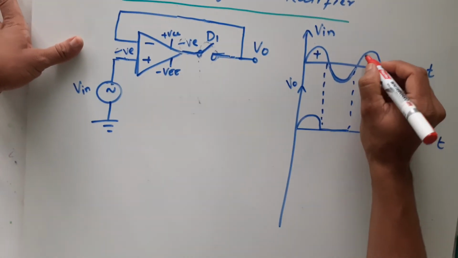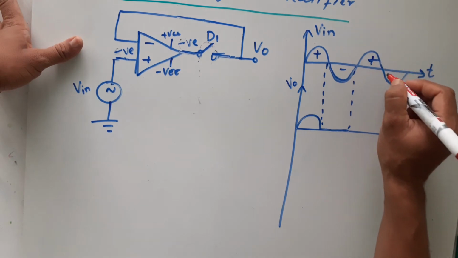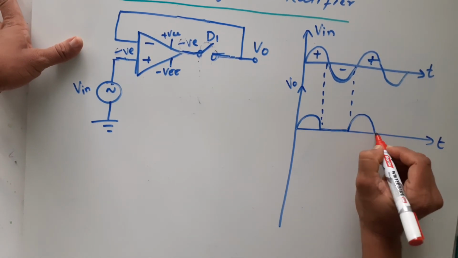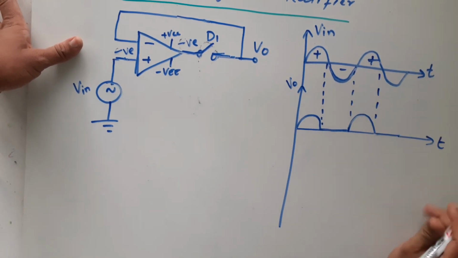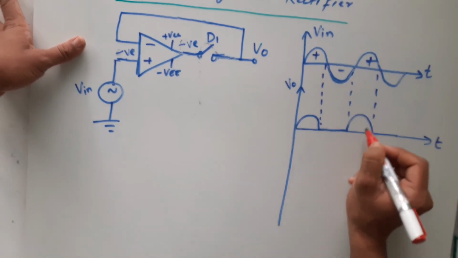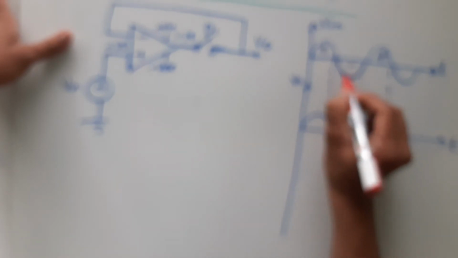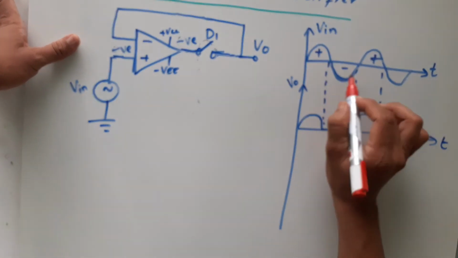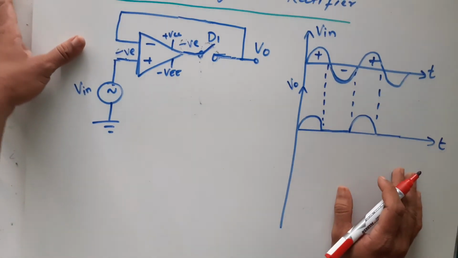Once again, when you apply a positive input, you will get a positive output. Understood? This is how it is producing only positive half cycles and clipping the negative half cycles. So this portion is getting clipped off. Negative half cycles are clipped off, only positive half cycles are obtained.